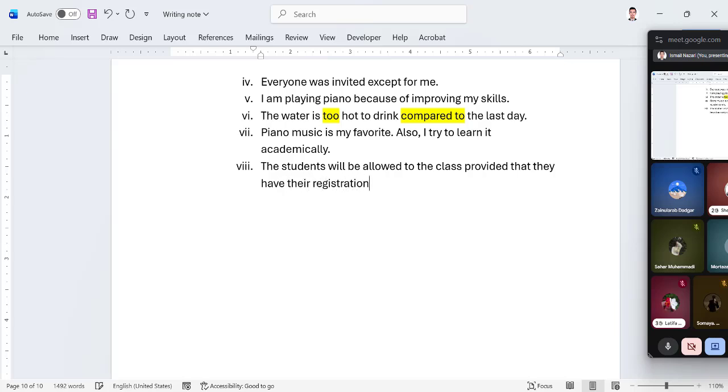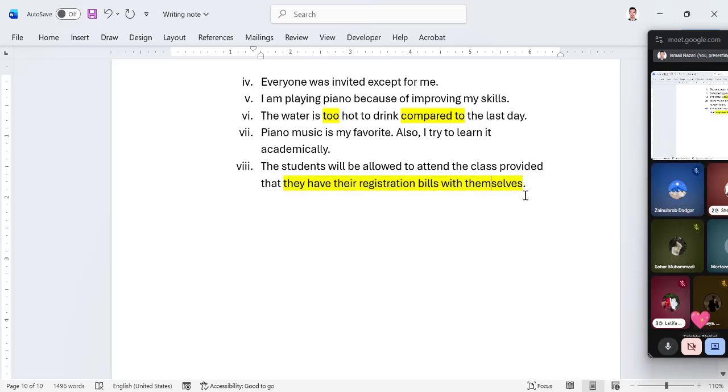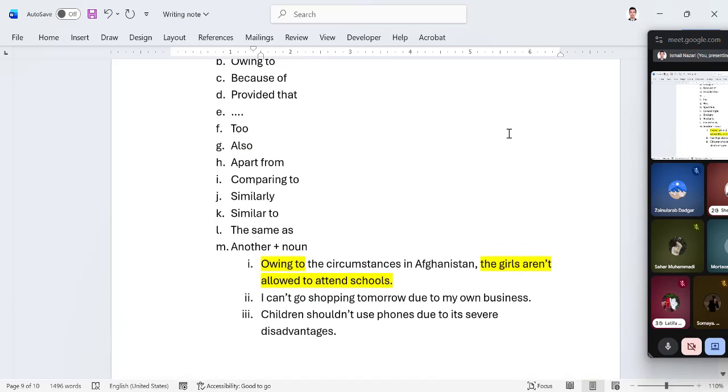So under what condition will they be allowed to attend the class? Under this condition, provided that shows condition. Means if. Okay, teacher, thank you.